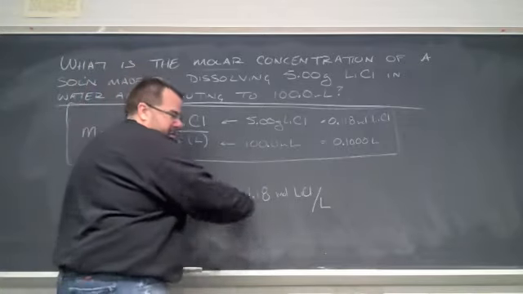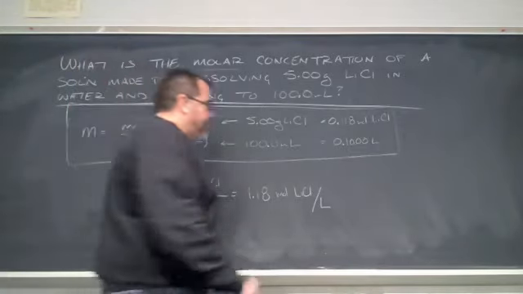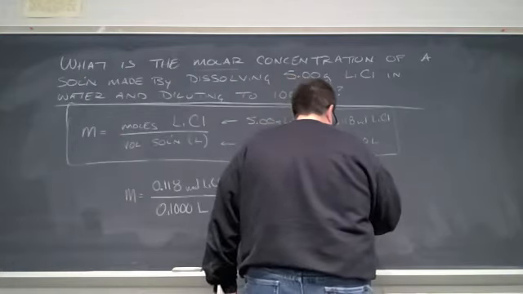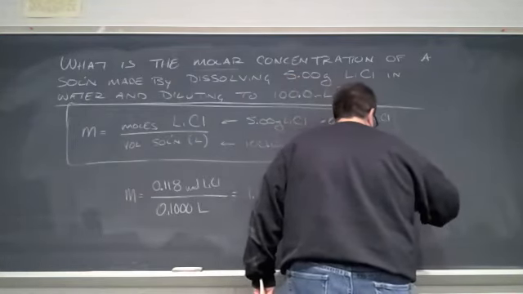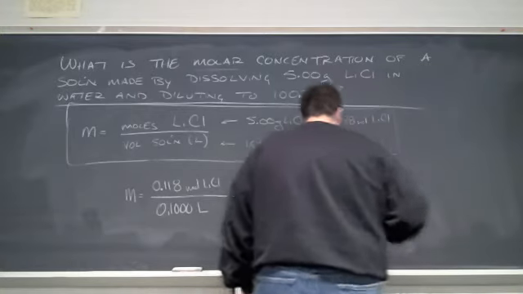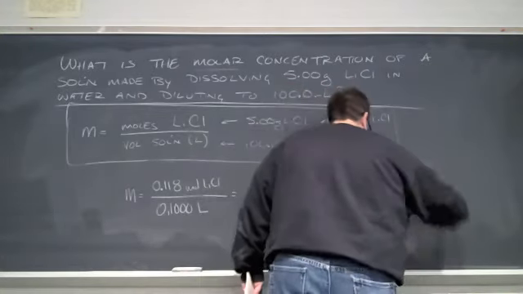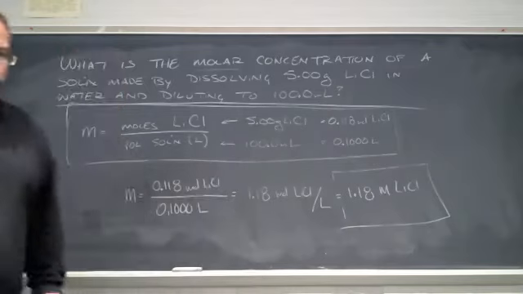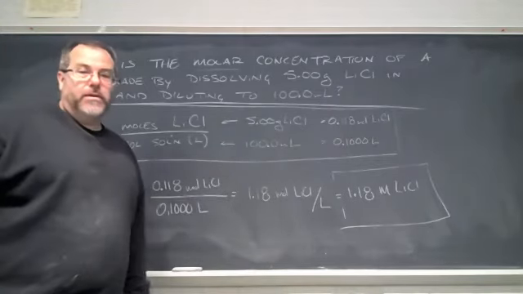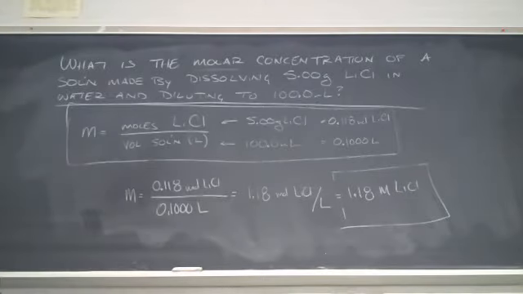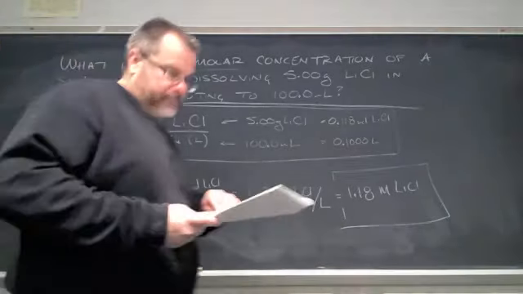If you want to write the answer this way, that's a perfectly fine way to write it. You could also write it as, probably the more common way, 1.18 molar lithium chloride. That would be the concentration.